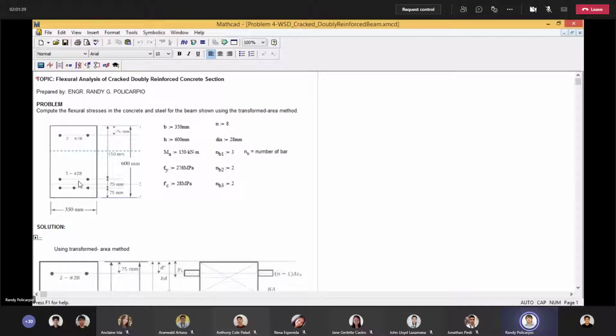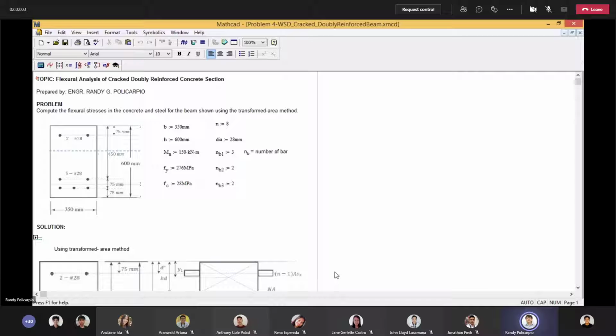Okay? Yung mga kinonsider natin na beam from problem number 1, 2, and 3, those are considered as singly reinforced beam. Ibig sabihin, ang reinforcement nila nasa tension lang.